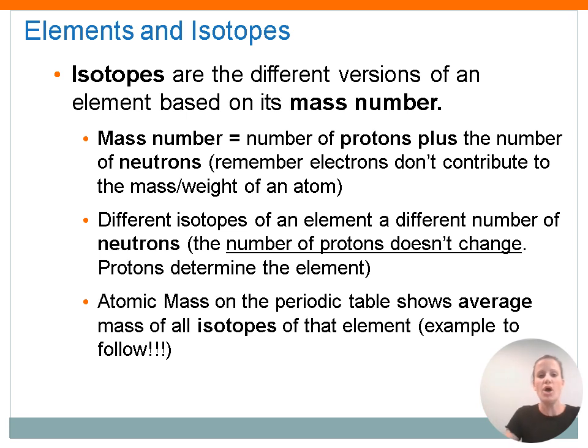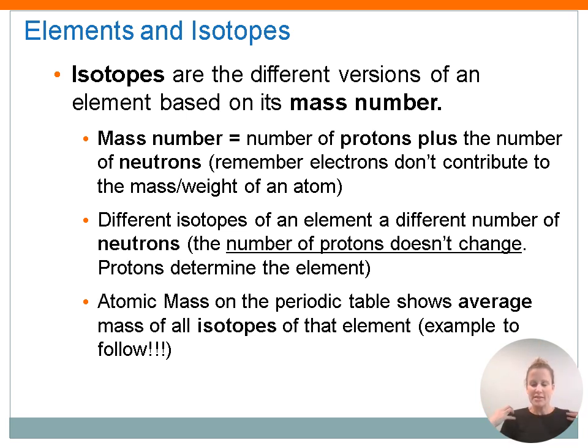So we know that the periodic table lists all of the elements, all of the pure substances. We know that there's an atomic number for each element, and that tells you the number of protons that all of those atoms are going to have. And then we know that underneath there's a mass, and that mass tells you the average mass for all of that element.